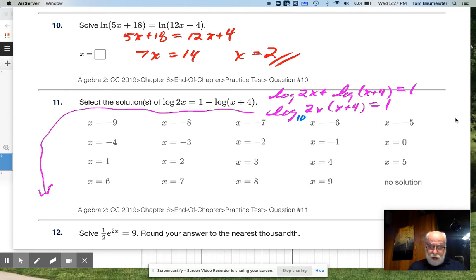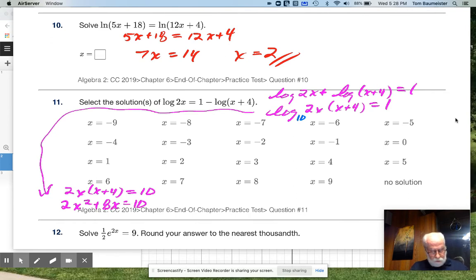And so I can rewrite that as 2x times x plus 4 is equal to 10 to the first power, or just 10. Okay? Now I'm going to go ahead and put this as 2x squared plus 8x is equal to 10.